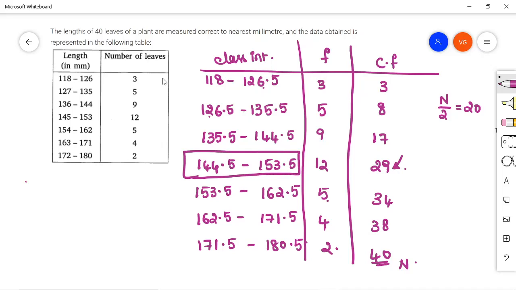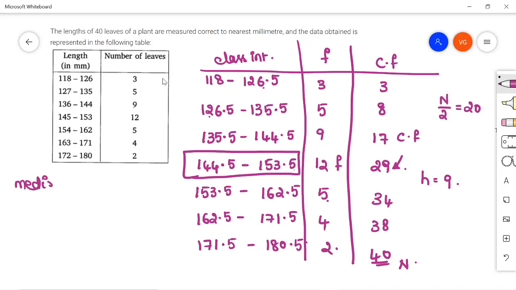The corresponding class interval will be the median class. So that is 144.5 to 153.5. This is the frequency and this is your cumulative frequency, and class height is 153.5 minus 144.5, so that will be 9. So substitute all this data in the median formula, right?